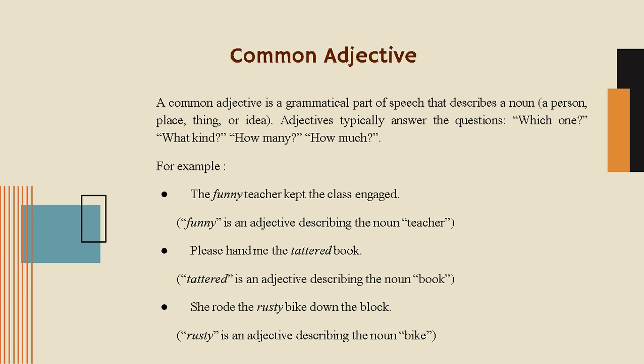A common adjective is a grammatical part of speech that describes a noun, like a person, place, thing, or idea. Adjectives typically answer questions like which one, what kind, how many, and how much. For example, the funny teacher kept the class engaged. The word funny is an adjective describing the noun teacher.